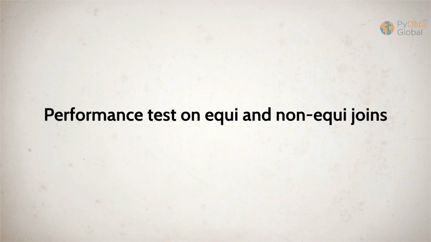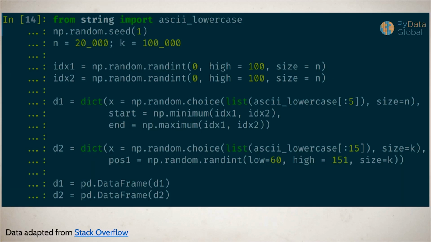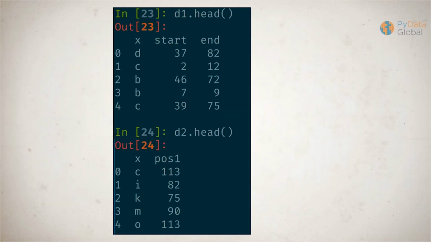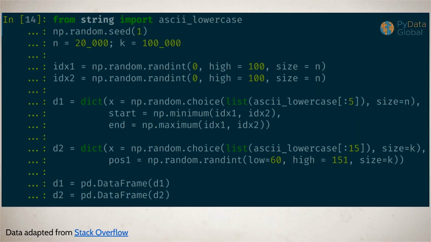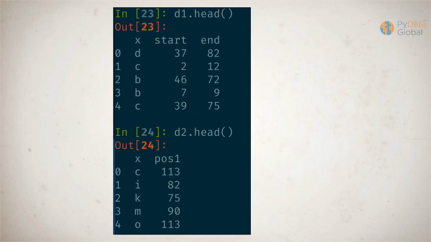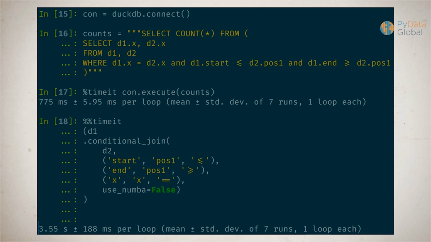Now for equi and non-equi joins. This is pulled from Stack Overflow. It was a question from R, and I adapted it to Pandas. So you have about 10,000 to 20,000 rows in your left data frame, 100,000 on your right. When you run it in DuckDB, it's super fast, milliseconds. When you run it in Pandas with the conditional join, you get about 3.6 seconds.